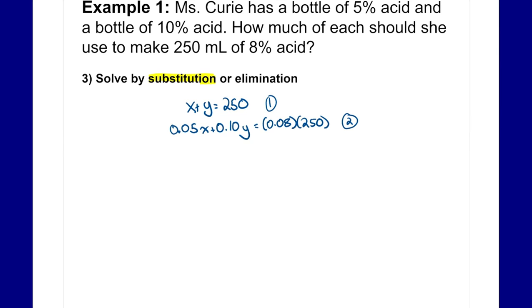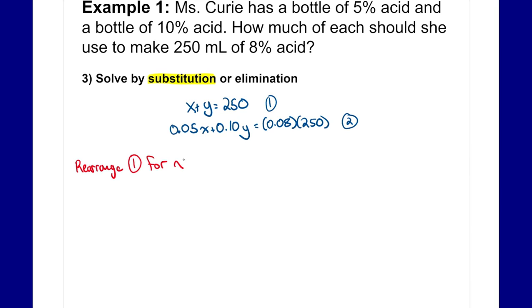Now, the best method I would suggest in this one is substitution. The reason I'm saying substitution is because if I look at the x and the y in the first equation, they both have 1 as a coefficient, right? So that makes it really easy to rearrange. So I'm going to rearrange equation 1 for x, because both variables have a 1 in front, it doesn't really matter.